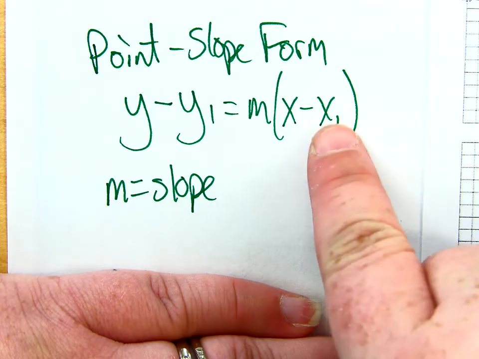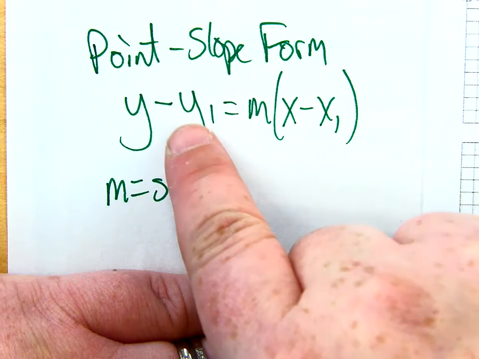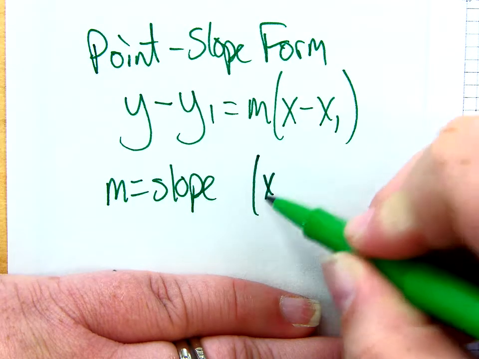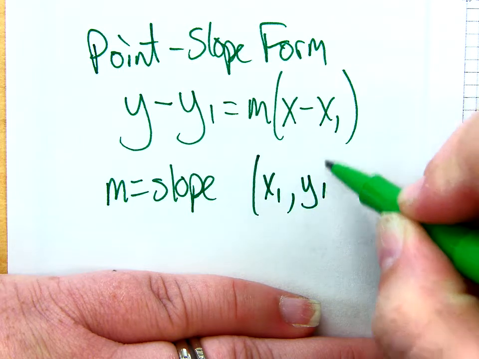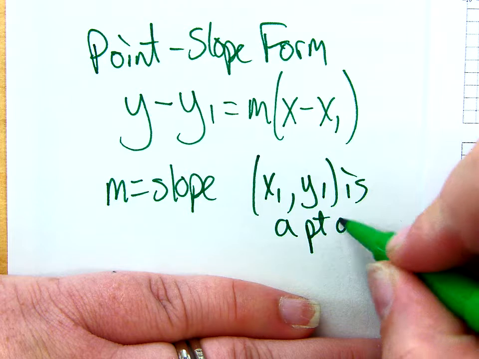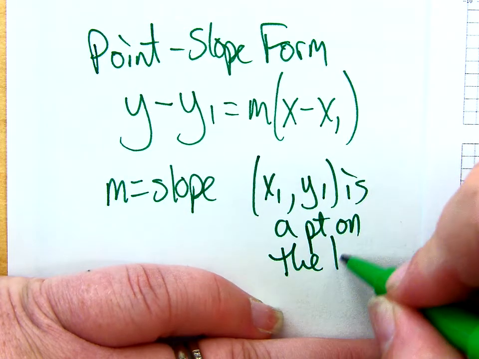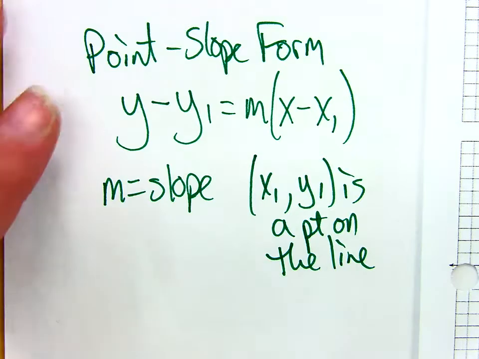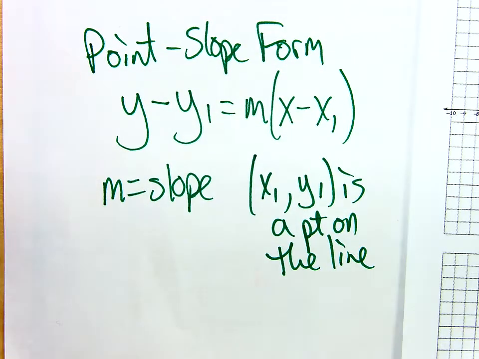Yeah, you take the opposite of this number, comma, the opposite of this number, and that's just some point on this line. So x1, comma, y1 is a point on the line. So if you want to graph something that's in this form, it's very easy if you know how to take this information out of the equation.